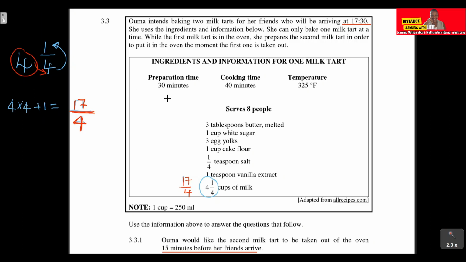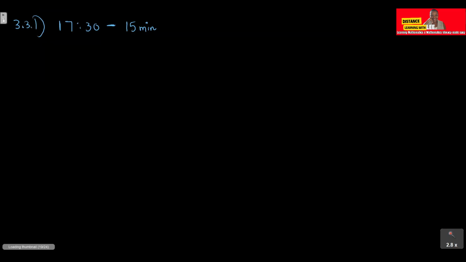So we're going to take that 17:30, minus 15 minutes, minus 40 minutes for the second milk tart, minus 40 minutes for the first milk tart, to determine what time she needs to start putting that first milk tart in the oven.